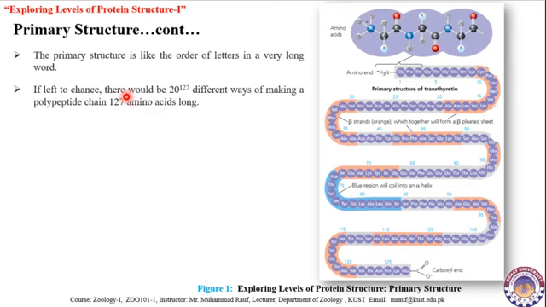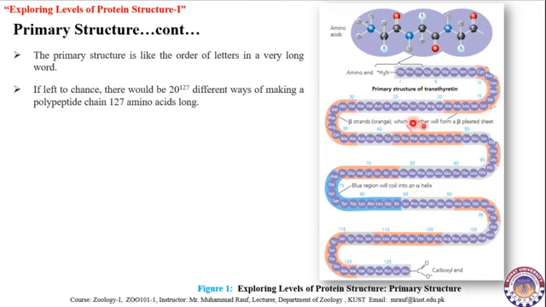So this basically means that if you rearrange the order, this chain can make 20 raised to the power 127 different types of polypeptides.